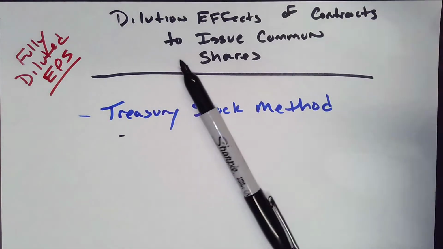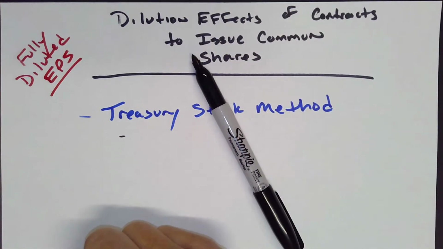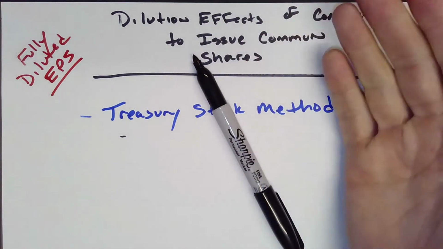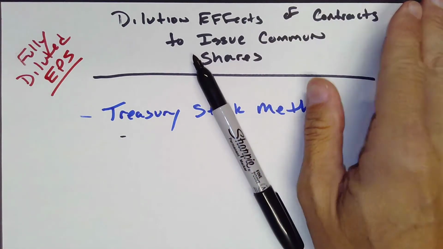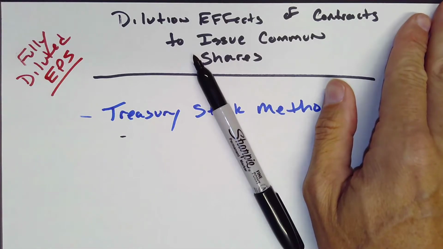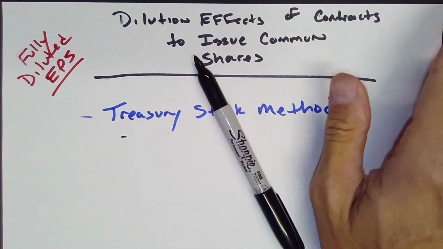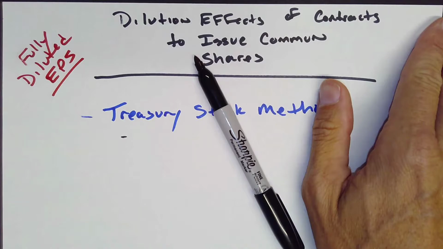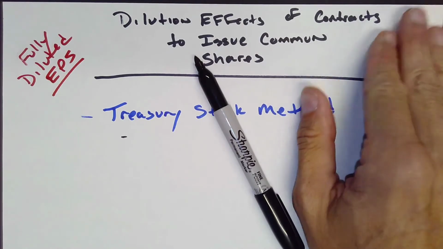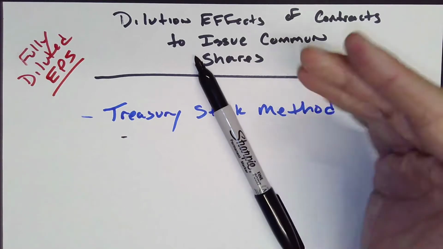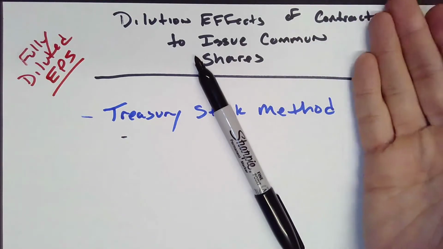We're not just handing them the stock. They have to actually pay cash for whatever the stock is, right? There's a strike price in the option. There is a warrant price in the warrant. And the holder of that option to get the common shares has got to pay that amount of money. It's actually going to pay that cash to the organization.